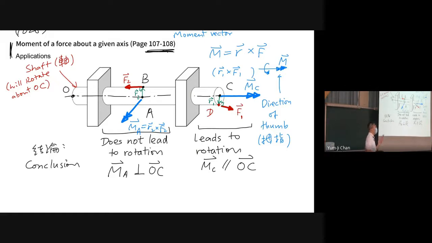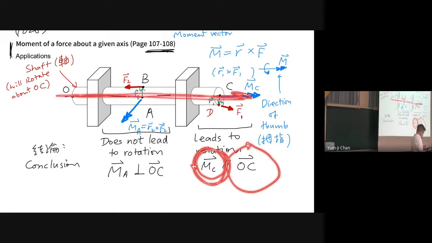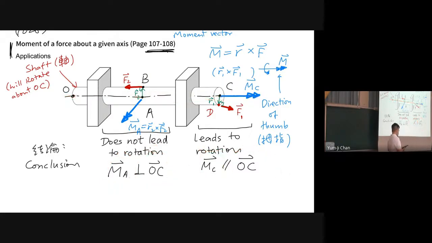It means for any force that goes in this direction or in other directions, we can check if it will lead to rotation by looking at whether the moment vector is parallel to the axis, this center line, or perpendicular to it, or how much of it is parallel and how much is perpendicular.